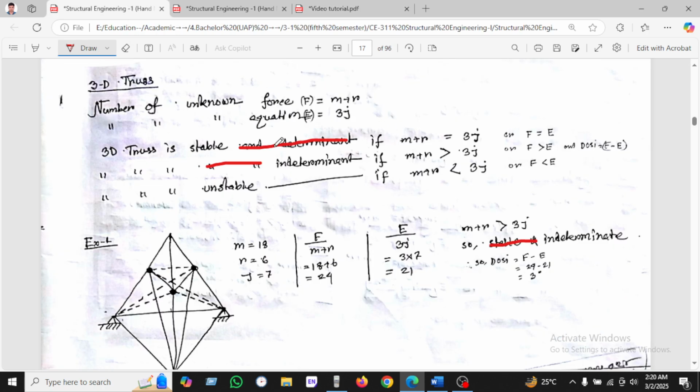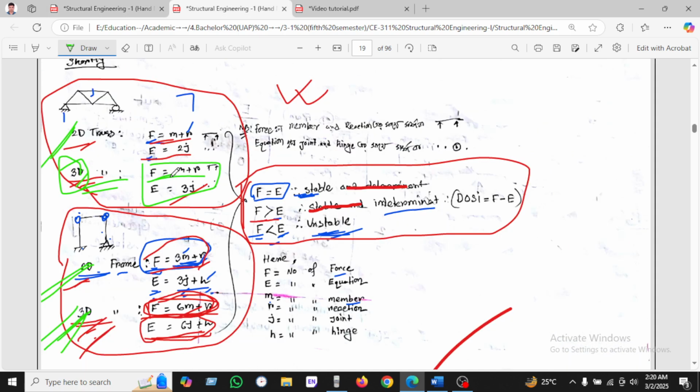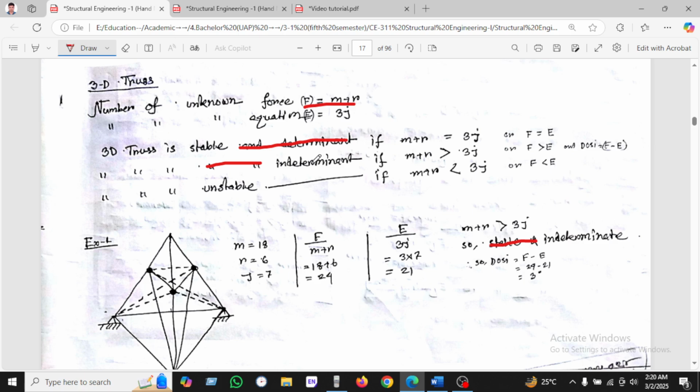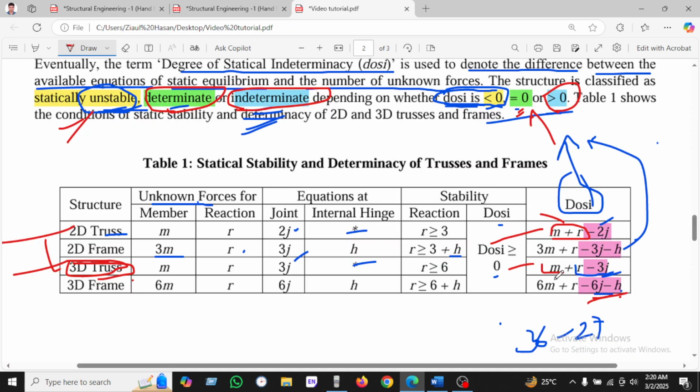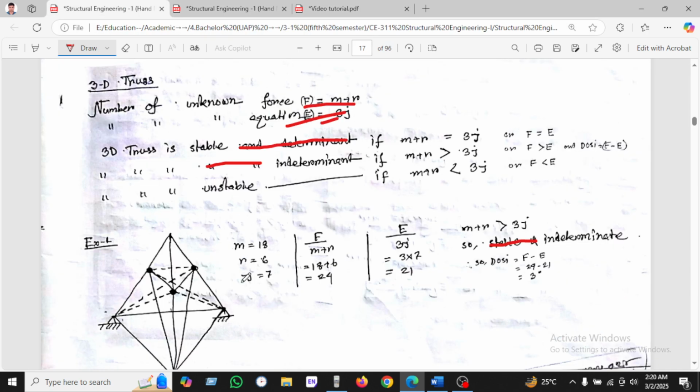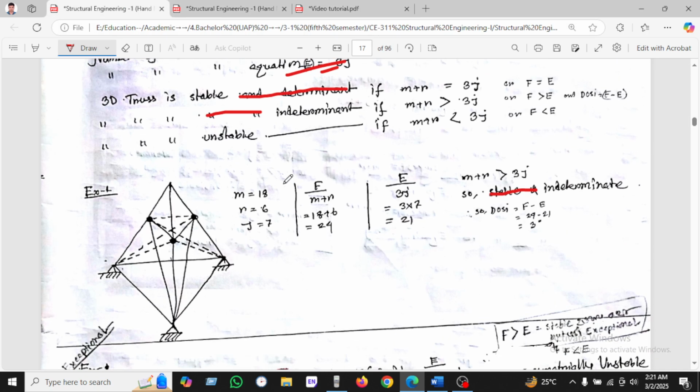As usual, we write the formula F equals m plus r minus 3j, so m plus r into 3j. We are using all this here.